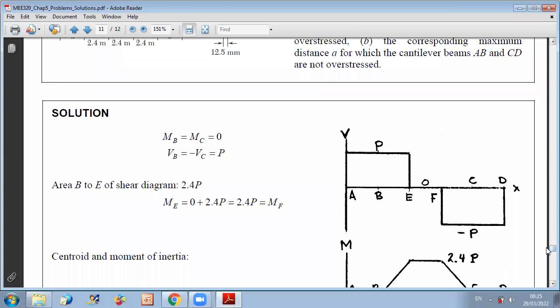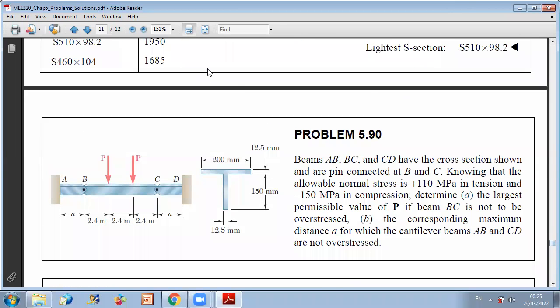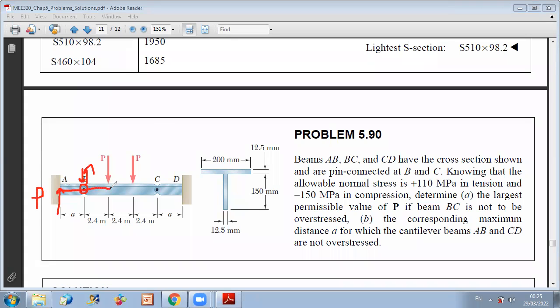So if you want to draw the shear diagram, we'll start with a positive jump at A, because it's an upward reaction equal to P. Now, as we discussed before, any internal pin or hinge will not cause any jump or any variation in shear, because by action-reaction, the effects will cancel out, and when you go from A to this point, you don't notice the presence of the hinge.